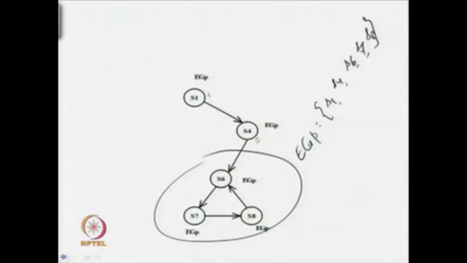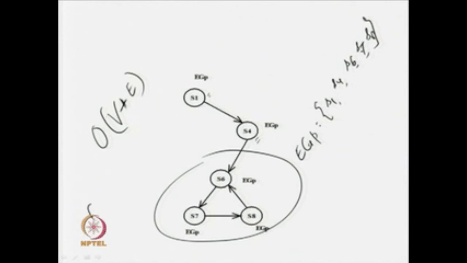Since we are getting this strongly connected component, along with the backward breadth first search, we have an algorithm which can be done in linear time, proportional to the number of vertices and number of edges. So, we have an algorithm for backward breadth first search and finding strongly connected components which works in the order of V plus E.